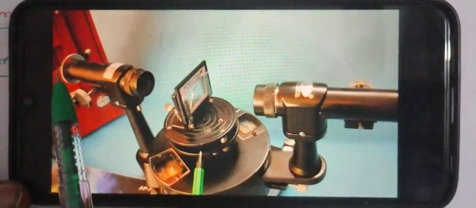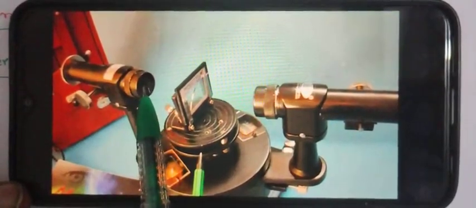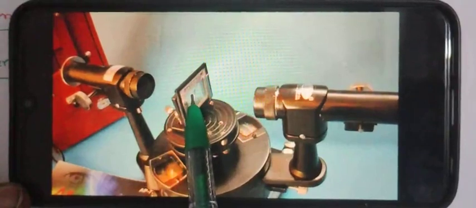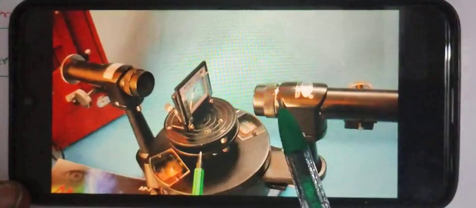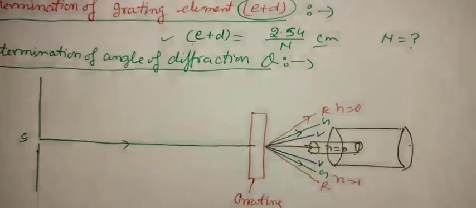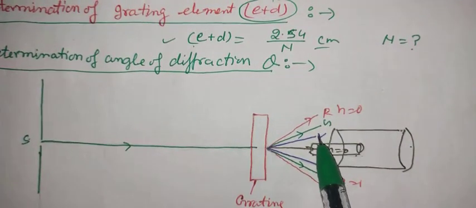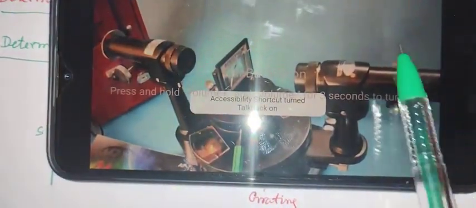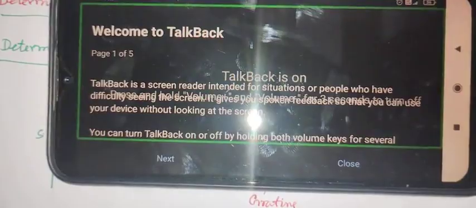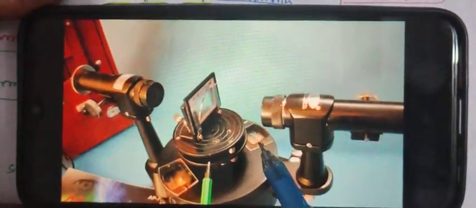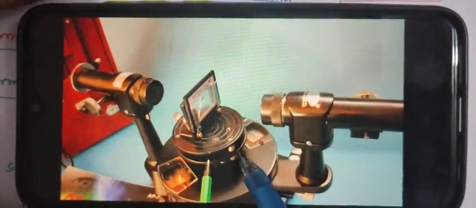So when light passes through and falls on the convex lens, it becomes parallel after refraction. A parallel beam of light is allowed to fall on the grating. The adjusted telescope is used to examine it. We see the central maxima, followed on either side by the spectra, and by rotating the telescope on both sides, the angle of diffraction for a particular color can be obtained, and that position can be read on the scale.